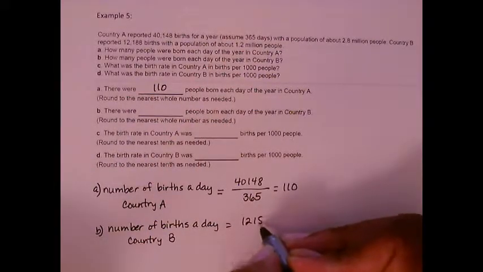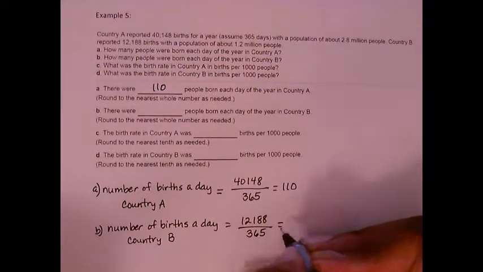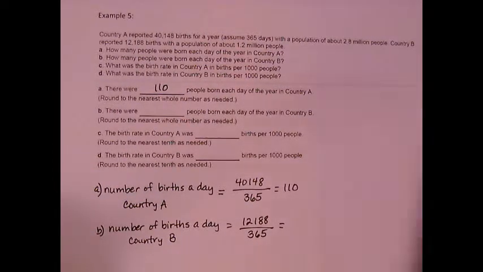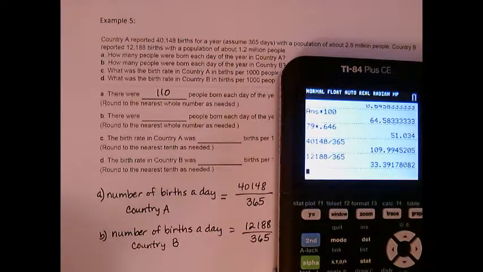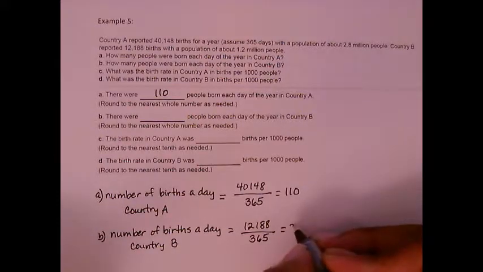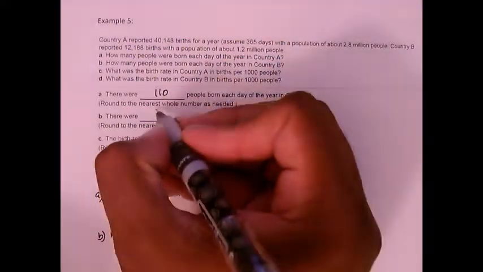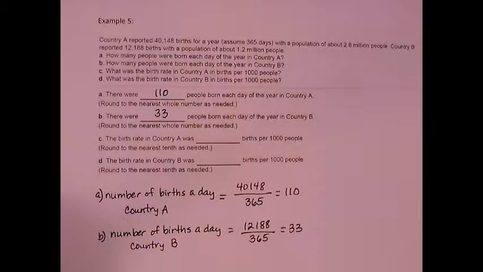So that's 12,188 divided by 365 days in a year, which would give me approximately, to the nearest whole number, 33. So there were 33 people born each day of the year in country B.